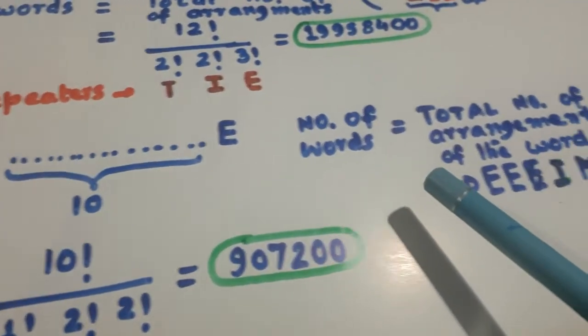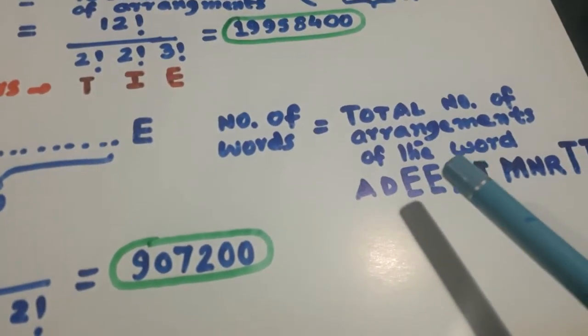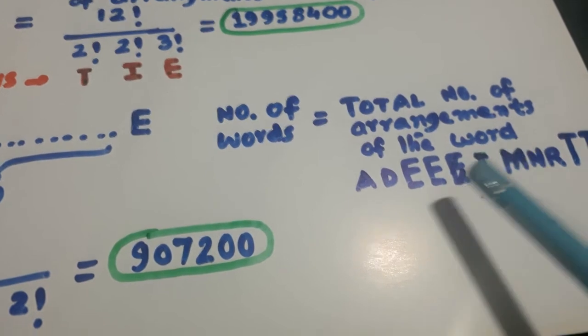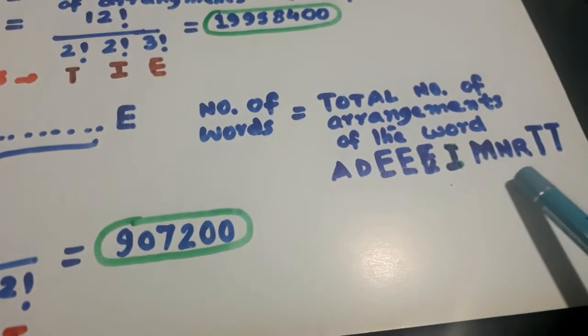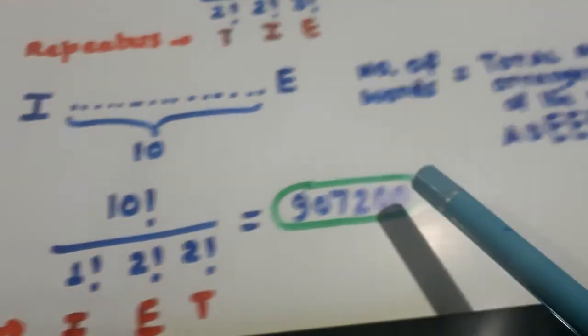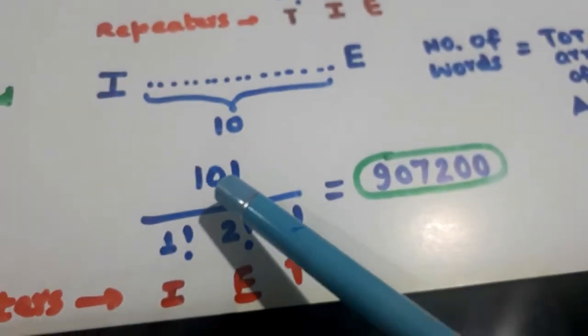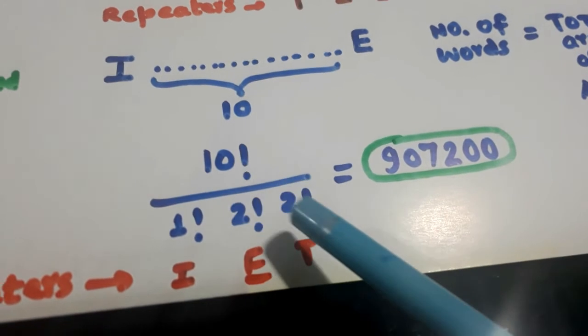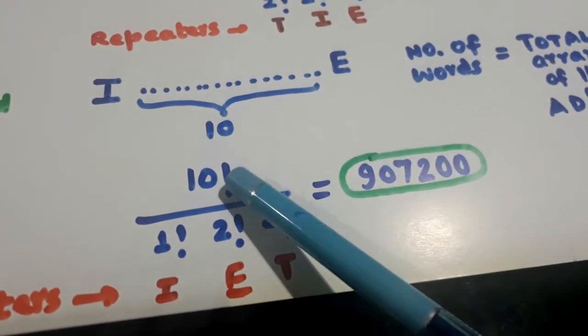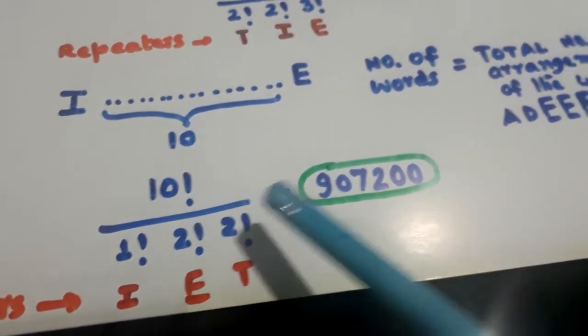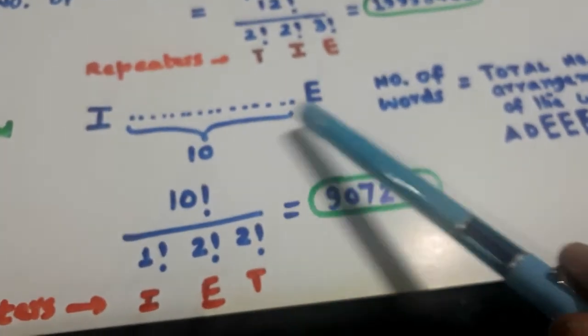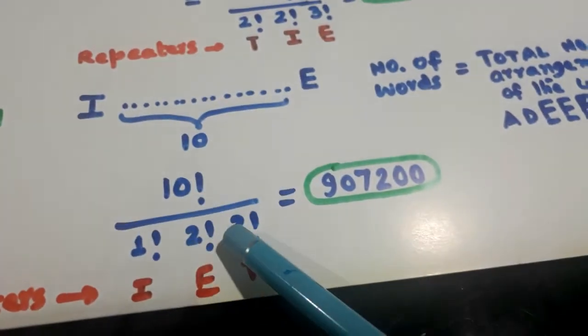So the total number of arrangements of the word is 10 factorial.